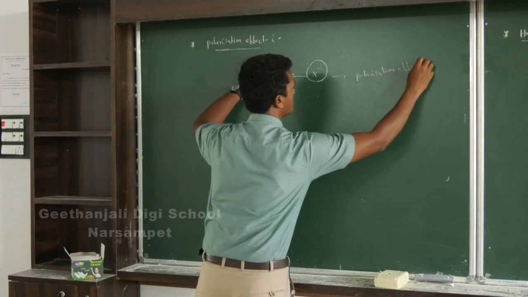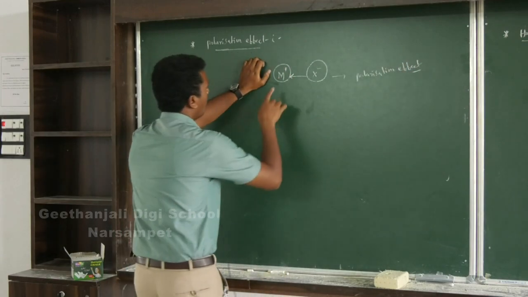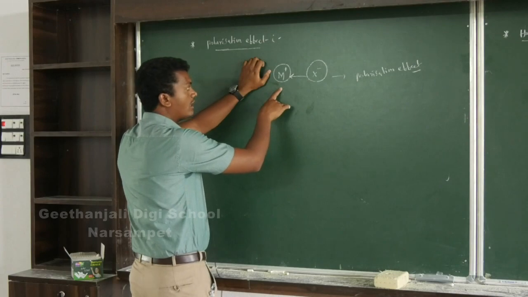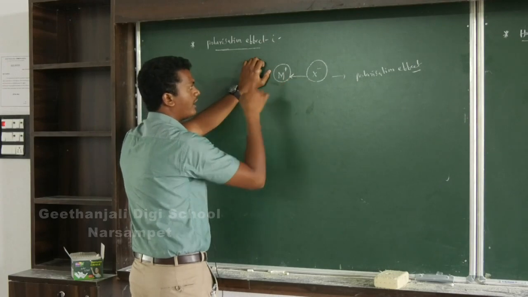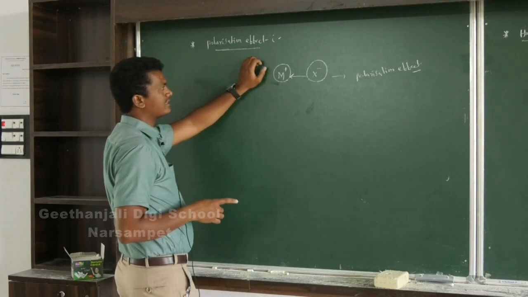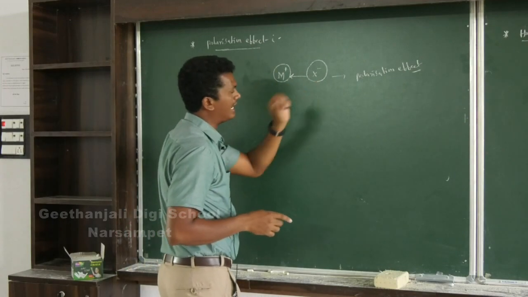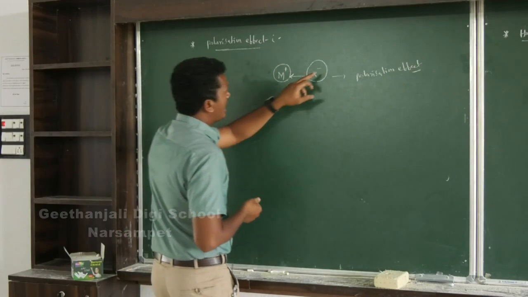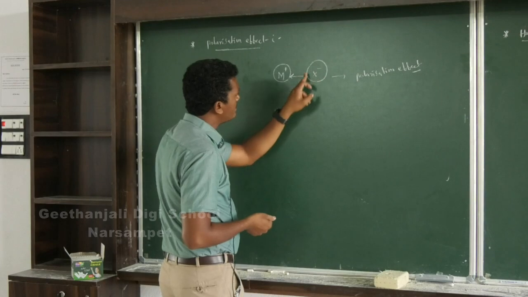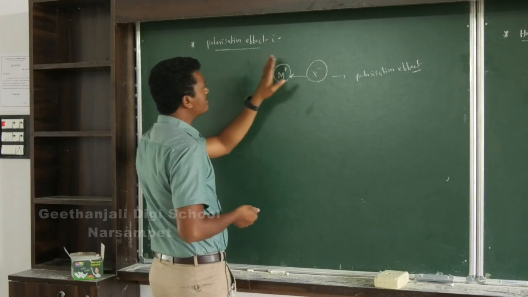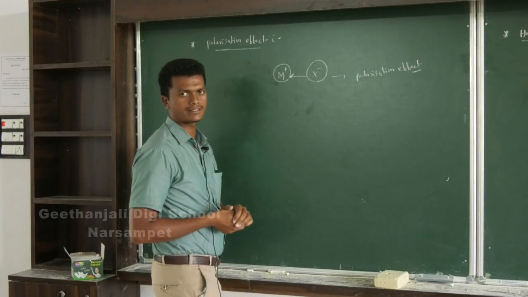So what is polarization effect? When the metal ion of one halide MX approaches the halide ion, the electron cloud of this halide ion is disturbed by the effect of this M plus.